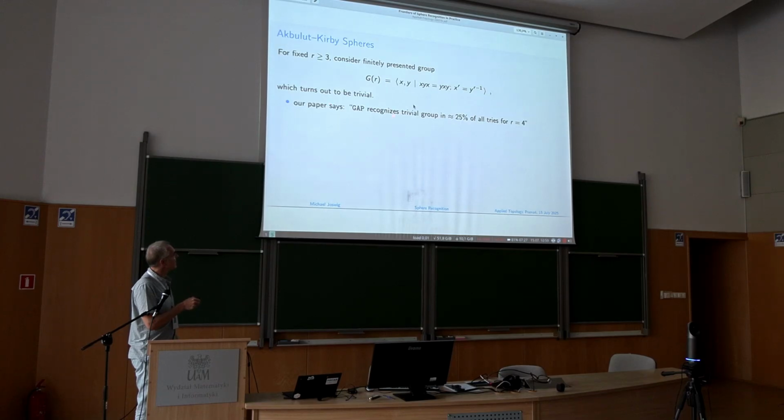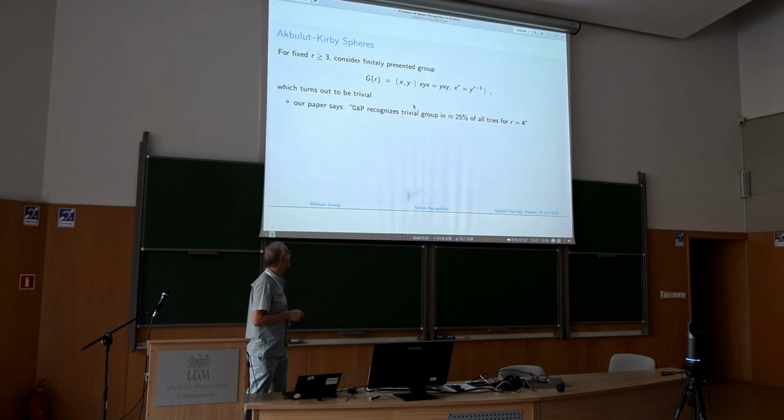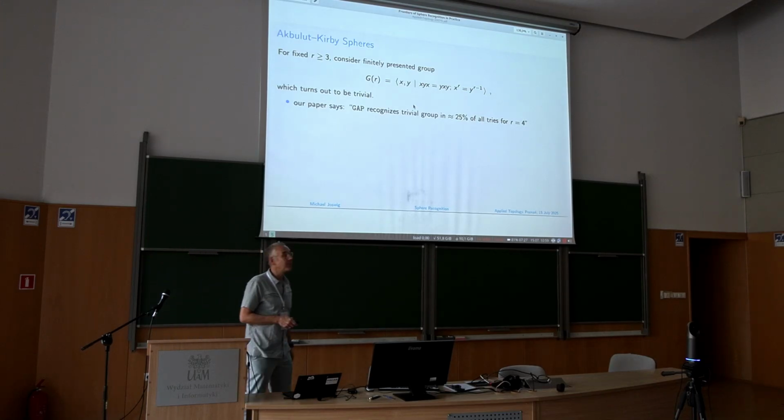And in our paper, from 3 years ago, right, the publishing process took a while, so we wrote it up probably like 5 years ago. The paper says, well, GAP recognizes the trivial group for this thing, which depends on the parameter r, which is hidden here, in 25% of all tries for r equals 4, and is unsuccessful for any other value of r.